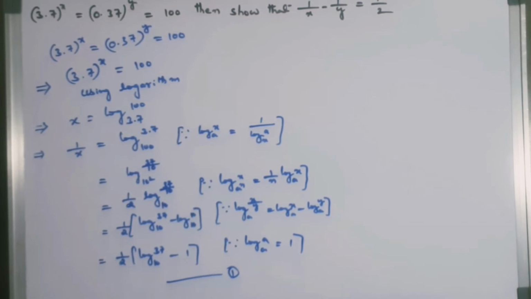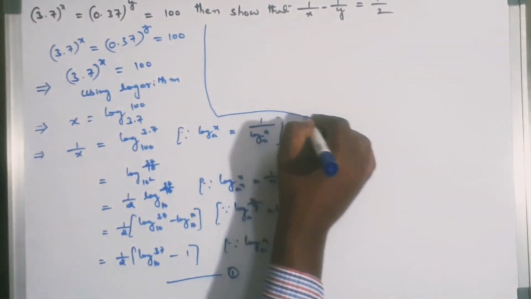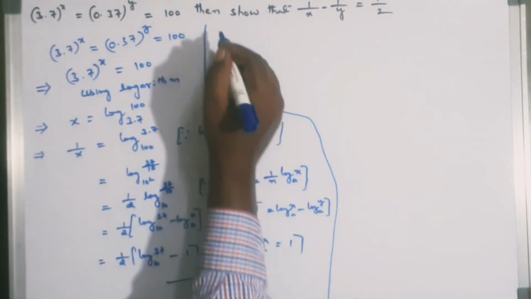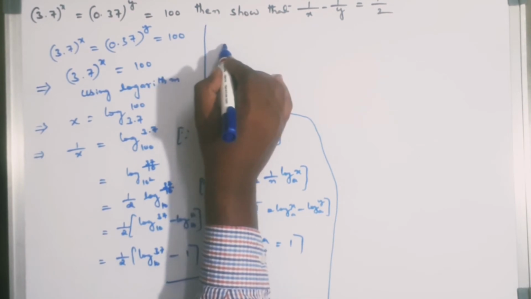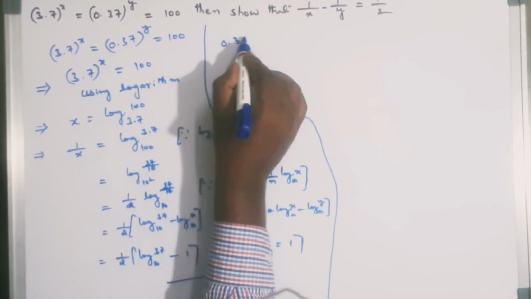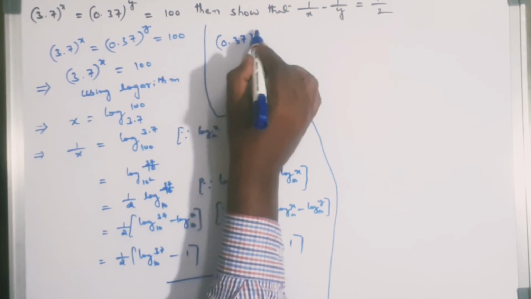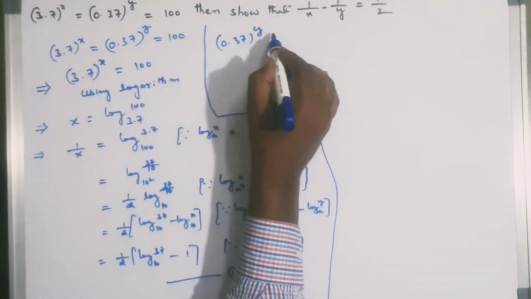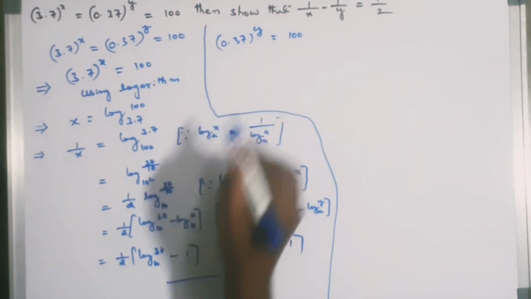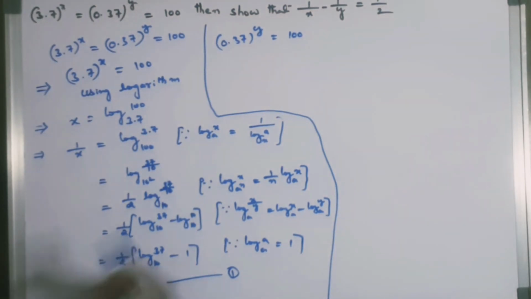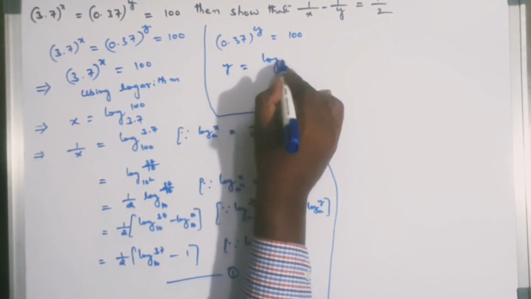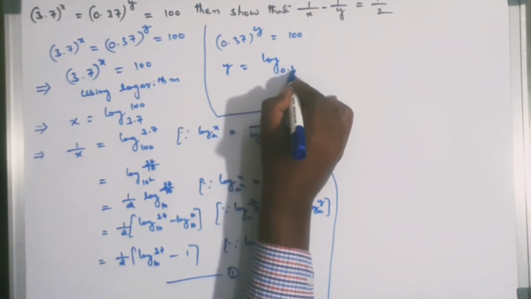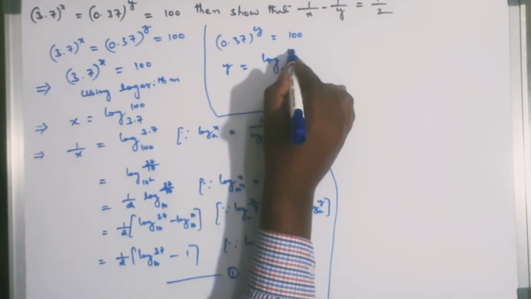Let us go for the other part similarly as this. What is the other part? 0.37 whole to the power of y equals 100. Again applying the logarithm, y equals log base 0.37 to 100.